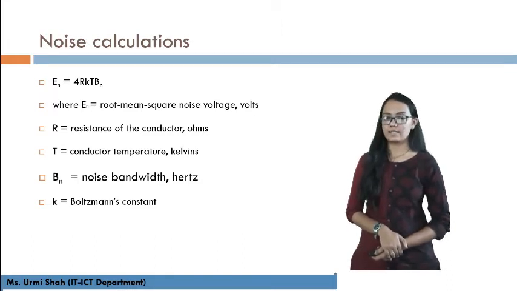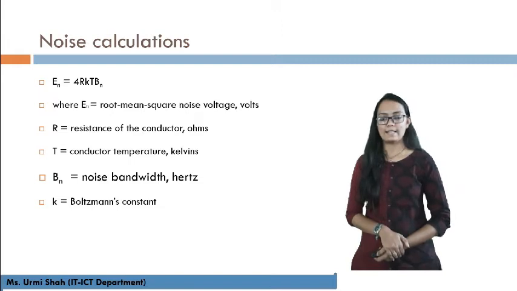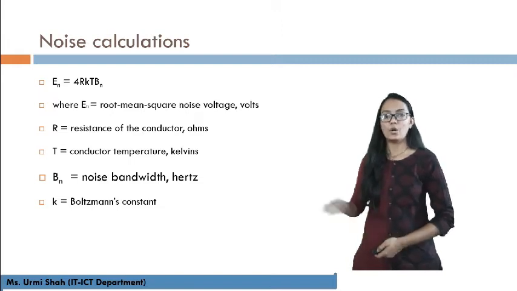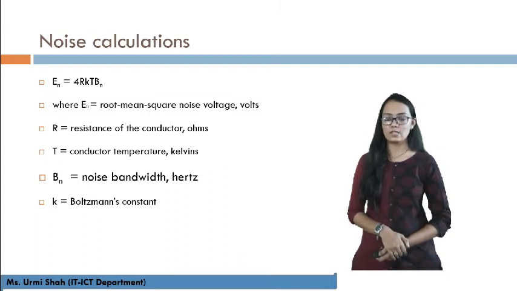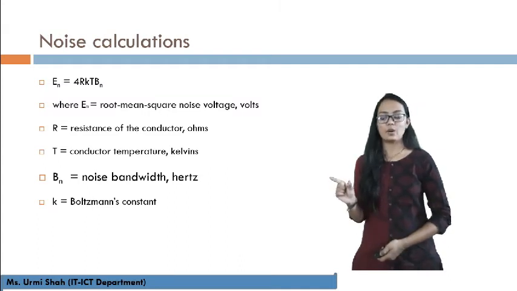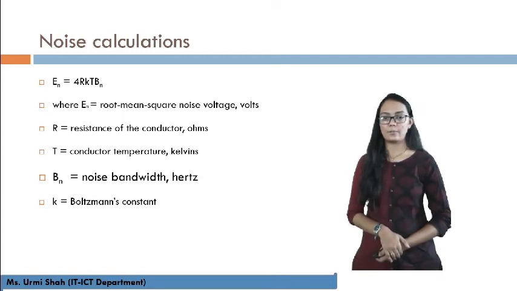So this thermal noise or solar noise has a formulation for the energy radiated, or heat energy produced, due to this noise: En is equal to root of 4RkTB. Here En is the root mean square noise voltage, the parameter for calculating the noise voltage. 4 is a numerical value, that is a number.